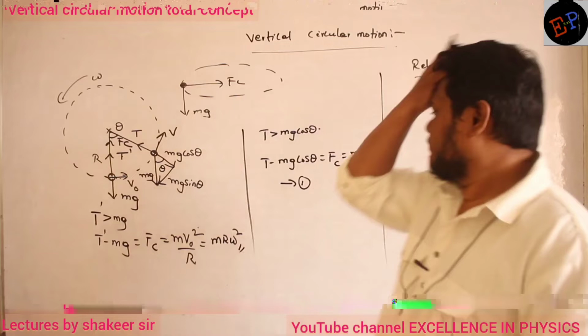Velocity is not 0, because velocity will become 0 only at 180 degrees. Understood now? So here tension is 0, so it cannot move in a circular path from here. Up to here it has completed the circular path, but from here onwards it moves in a tangential path, a parabolic path.